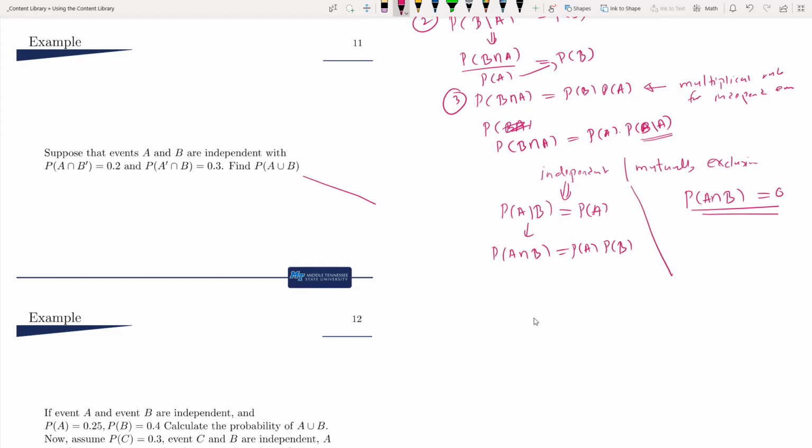How do you get probability of A union B? A and B complement, that's this one. And then this one, A complement and B, that's this one.